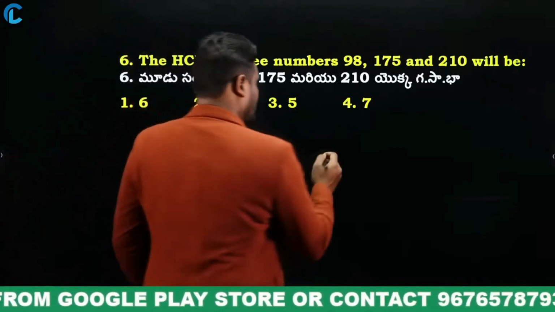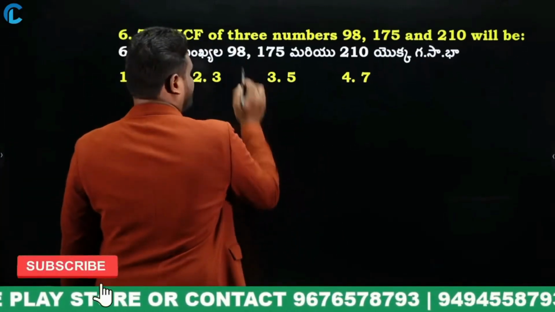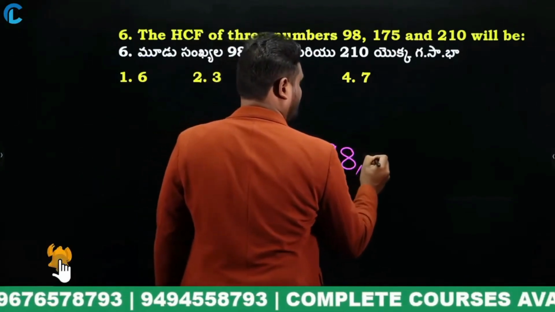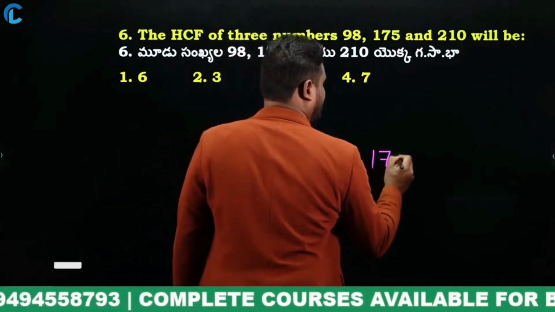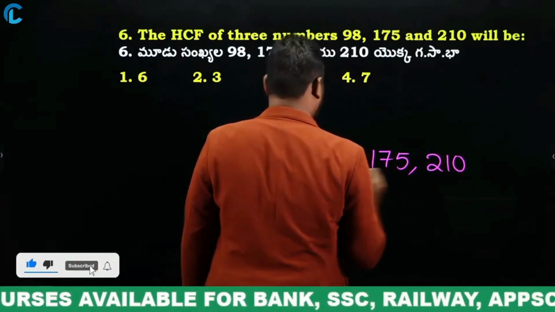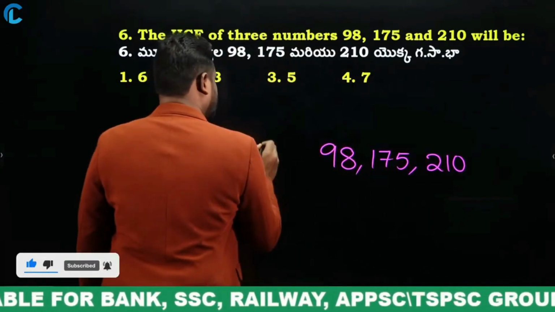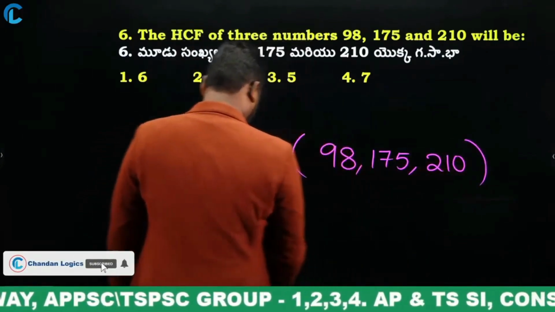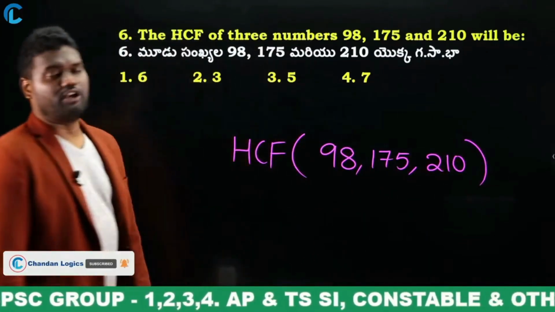Okay. So look, I need to find the HCF of three numbers: 98, 175, 210. Now observe carefully.